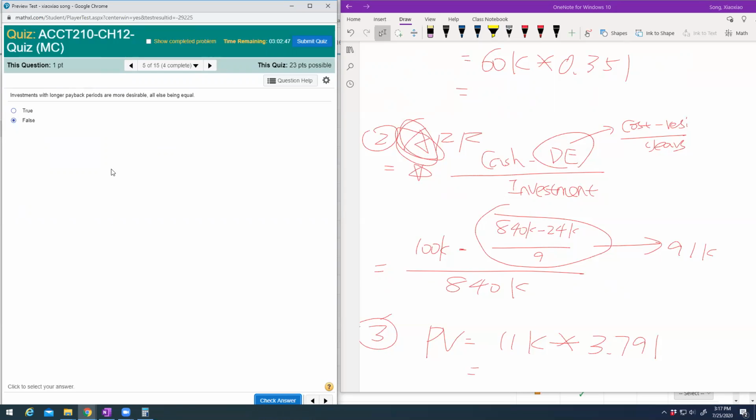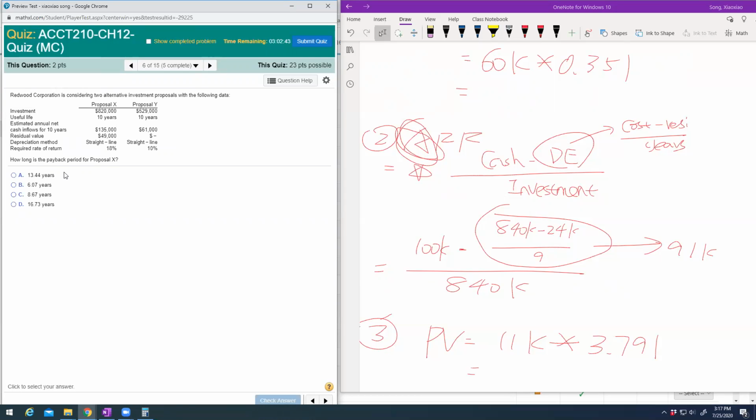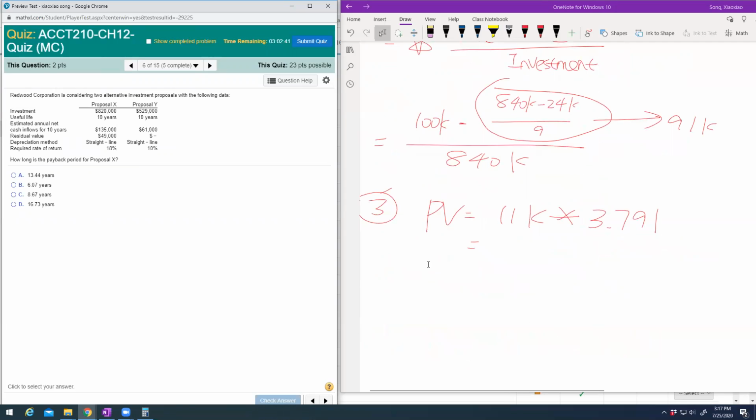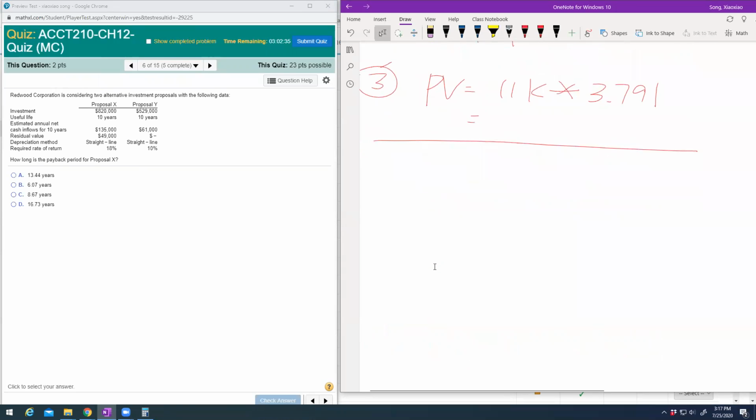Next one, asking about your payback period. How do we get our payback period? It's very easy. Basically, if I lend out $100 and every year I get 20, it takes me 5 years. So the general idea is your investment divided by your cash flow.